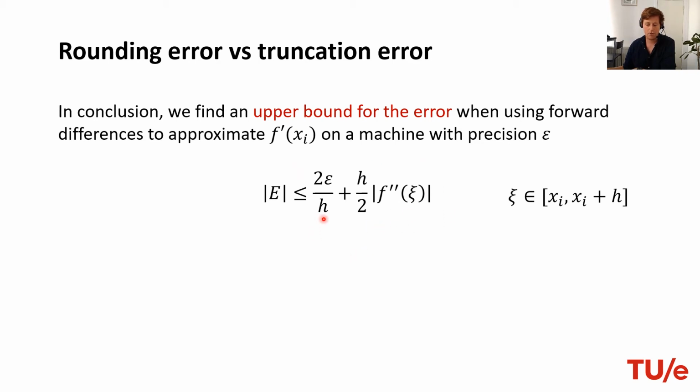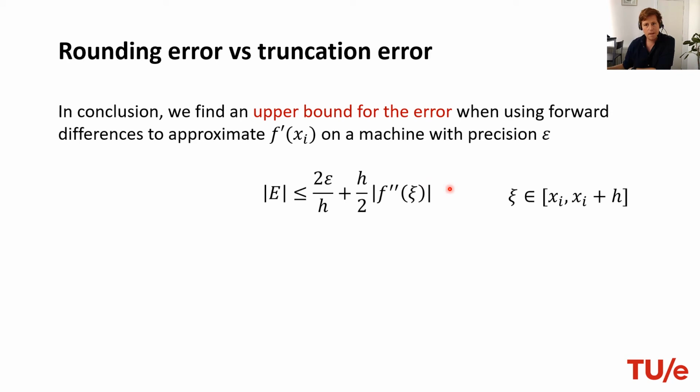So we have a contribution of the rounding error, 2 epsilon over h, plus a contribution of the truncation error, h over 2 multiplied with the absolute value of the second derivative of the function evaluated at some point between xi and xi plus h.